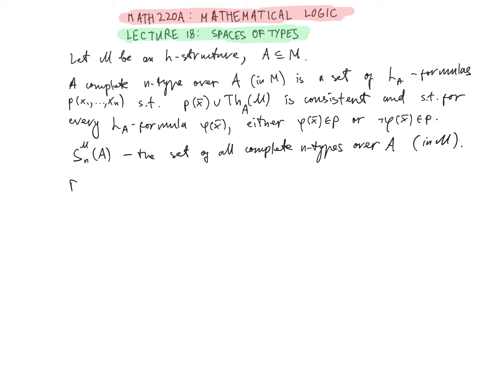For an L_A formula phi of x1 through xn, we will let square brackets phi be the set of all complete types over this given set of parameters A, such that phi belongs to p.